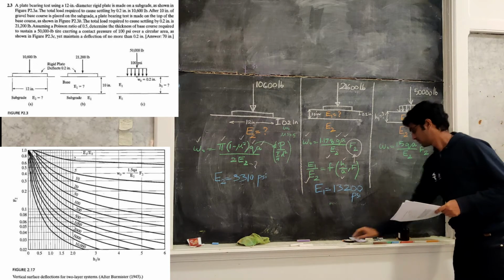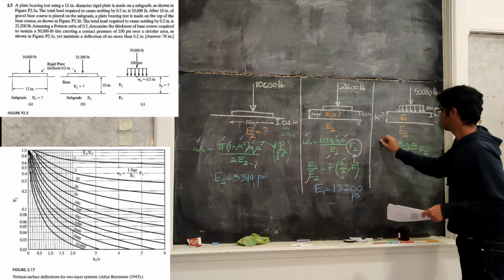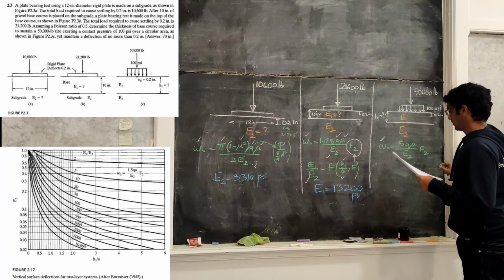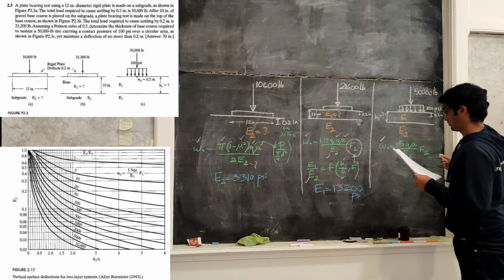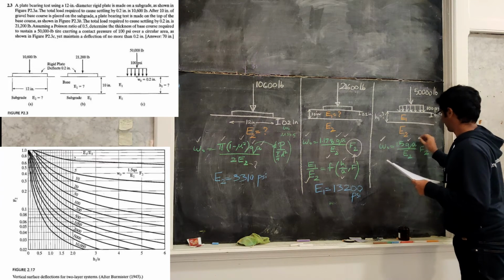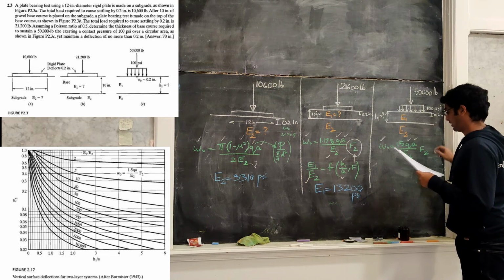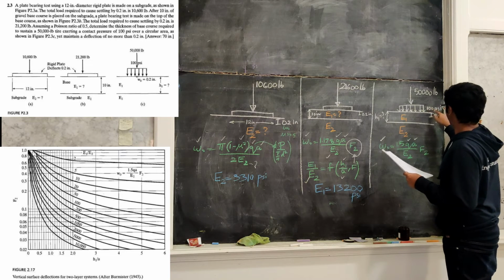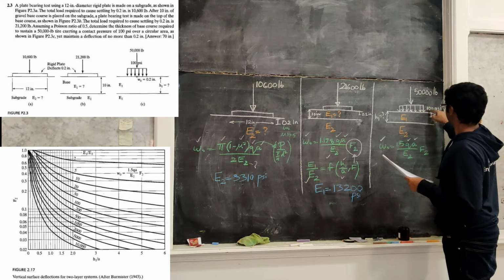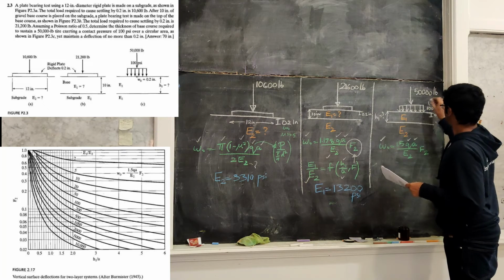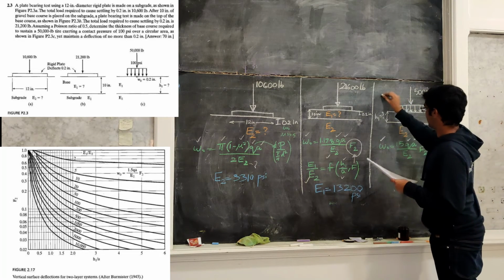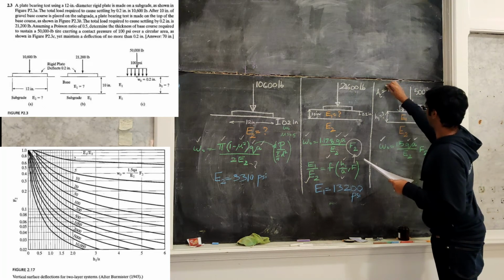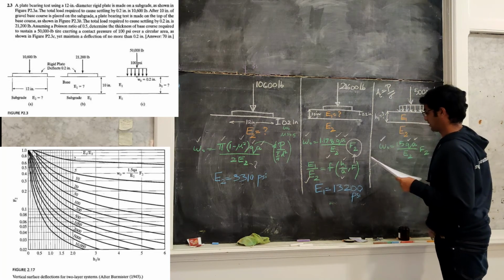So from this, deflection is already known. Q is already known, which is the contact pressure. A is not yet known. How do you find A? You know the pressure, this is Q. Now you need to find the area. Area is contact area. So you know the load, you know the contact stress.